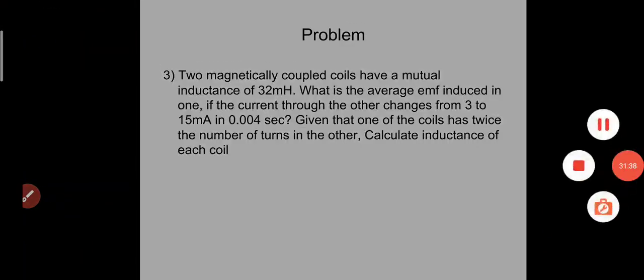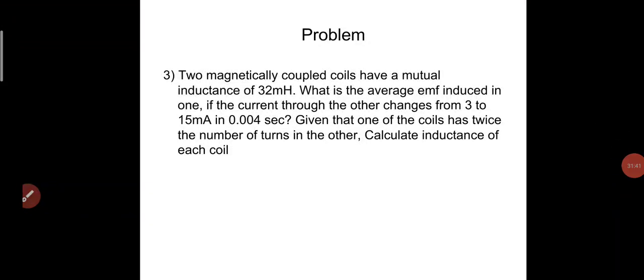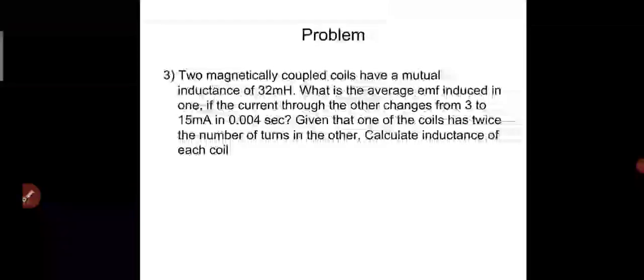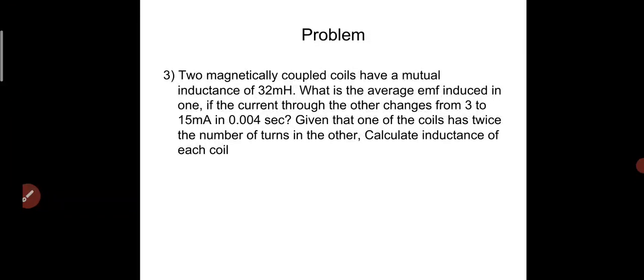So next, third problem. Two magnetically coupled coils have a mutual inductance of 32 mH.